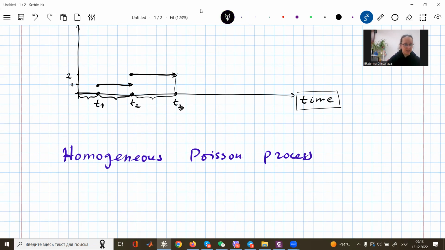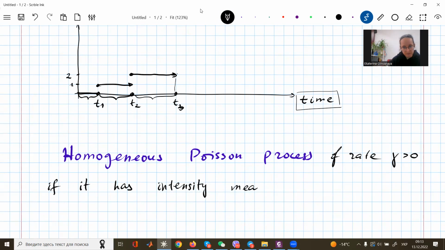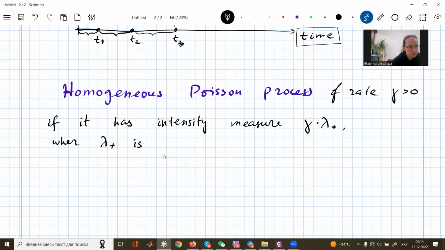To be more precise, we say that a Poisson point process is homogeneous of rate gamma, a number greater than 0, if it has intensity measure equal to gamma times lambda plus, where lambda plus is the Lebesgue measure on R plus.